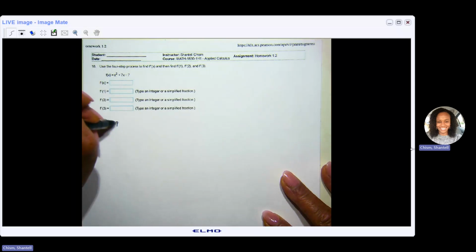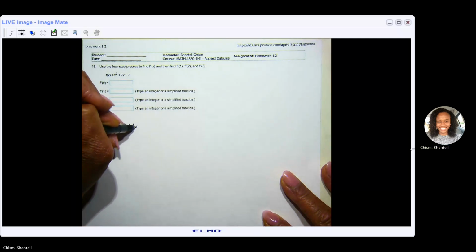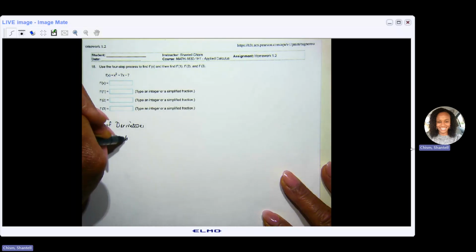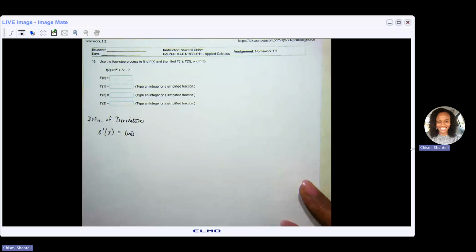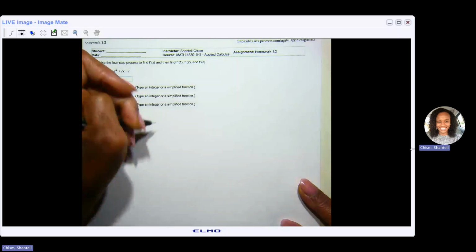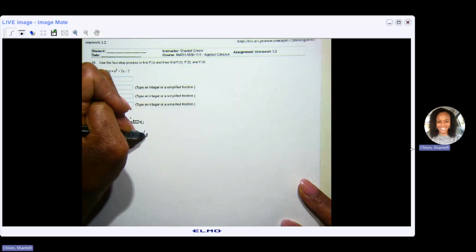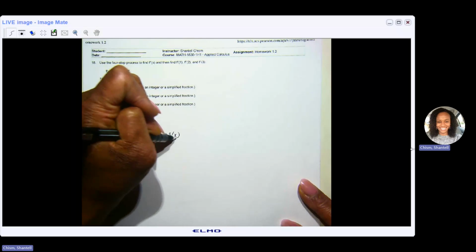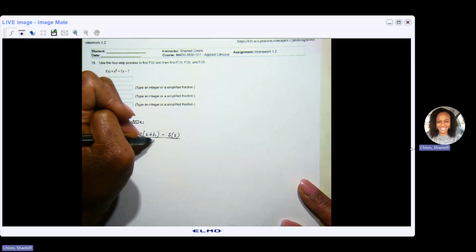So definition of the derivative means we take the limit of the secant line, basically. So the limit as h approaches 0 of f at x plus h minus f at x all over h.